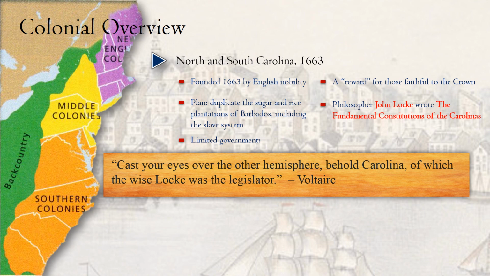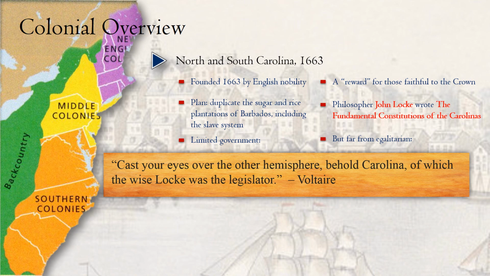And he meant by that his innovation of limited government, the idea that government should be kept within certain bounds and not allowed to simply do as it likes. But just because government was limited, this did not mean that the fundamental constitutions of the Carolinas were egalitarian.